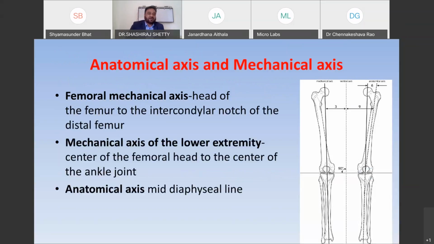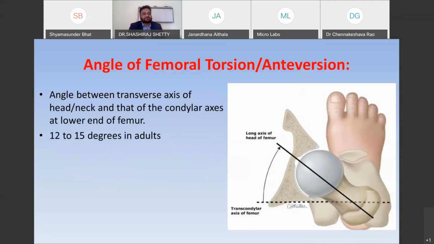Now we have to know certain things about the mechanical axis and the anatomical axis. Femur mechanical axis is from the head of the femur to the intercondylar notch of the distal femur. Mechanical axis of the lower extremity is the center of the femoral head to the center of the ankle joint. Why should we know this?